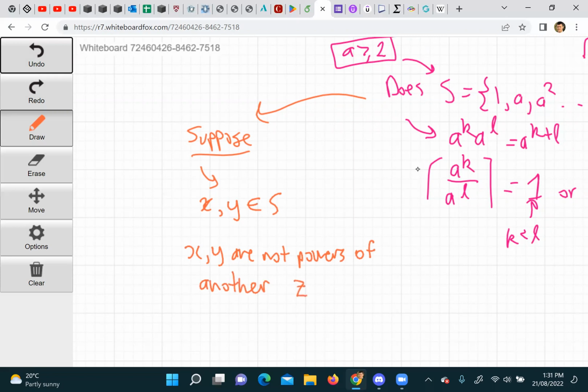Actually, it doesn't have to be in S. Wait, so x and y are not powers of another number.